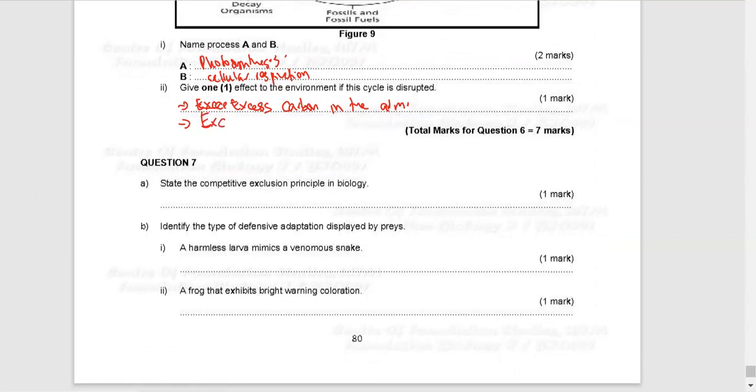Excess carbon in the ocean threatens the aquatic organisms living in the ocean.